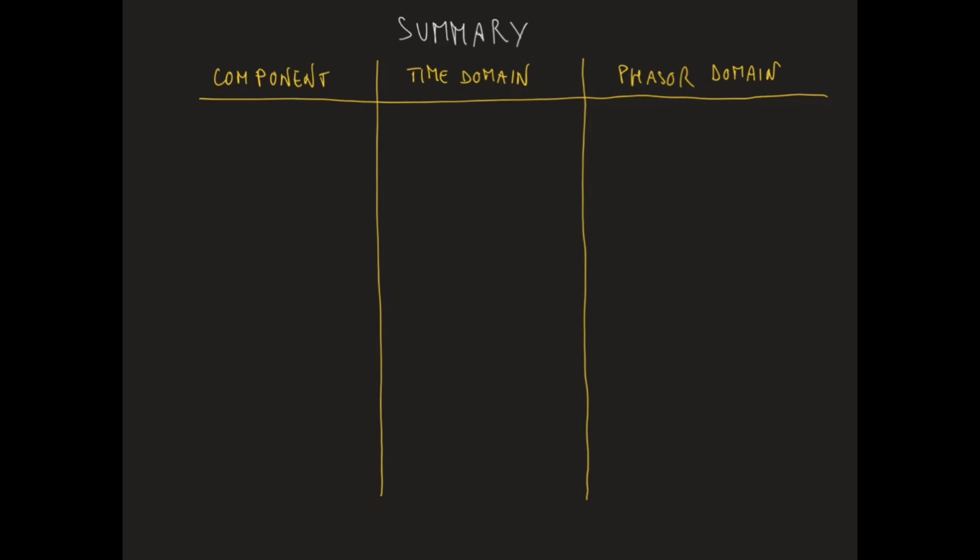In the case of the resistor, according to Ohm's law, the voltage V across the component is given by the resistance R times the current I flowing through the resistor. This relationship is preserved in the phasor domain, where the voltage phasor is equal to the resistance times the current phasor.